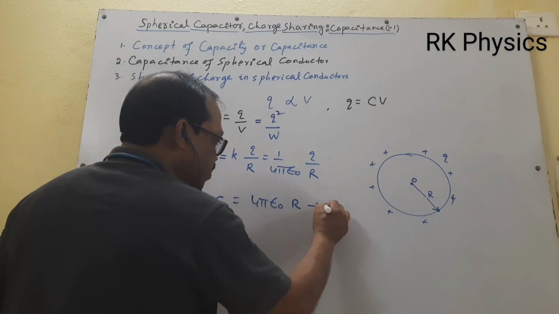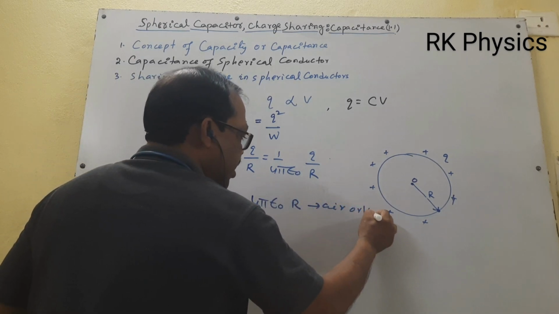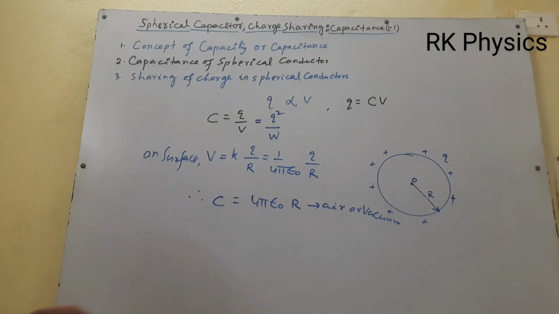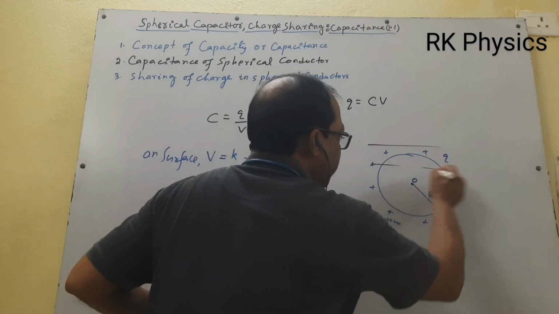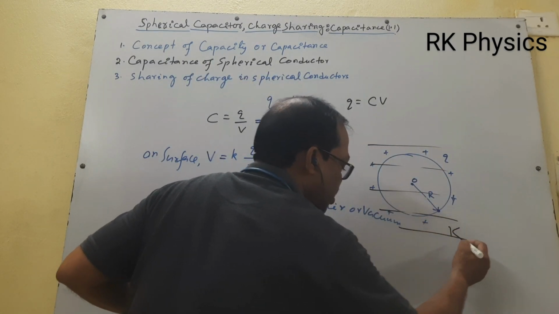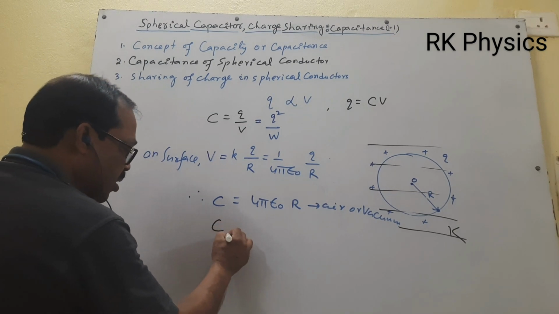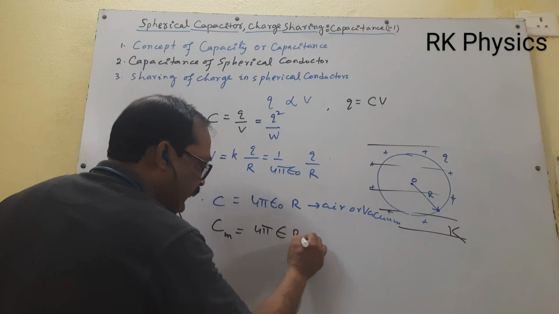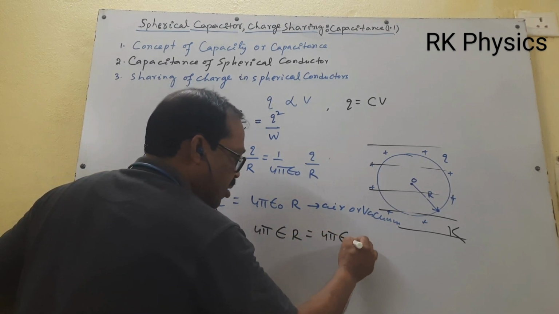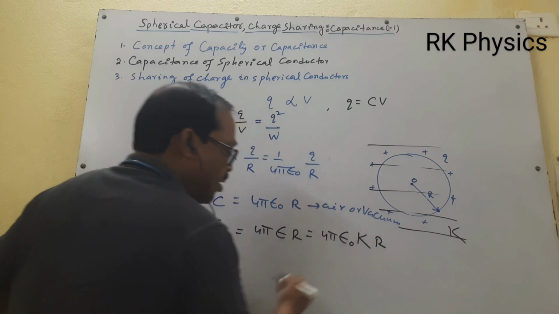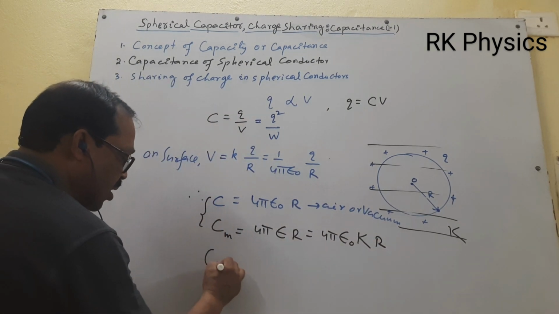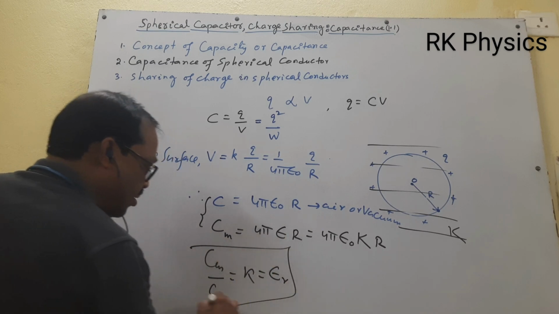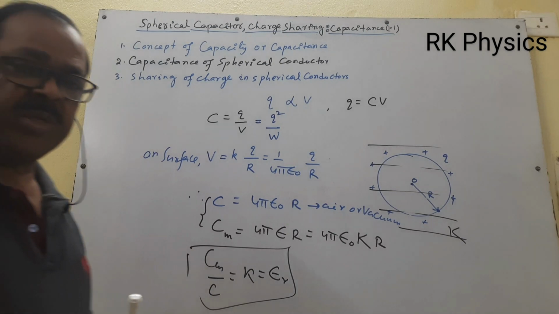This assumes the medium is air or vacuum. Now, if the medium is completely filled with a dielectric of constant K, then the capacitance in the medium is 4 pi epsilon R, that means 4 pi epsilon 0 times the dielectric constant times R. Now this shows that C_m divided by C is K. K is the dielectric constant or relative permittivity.